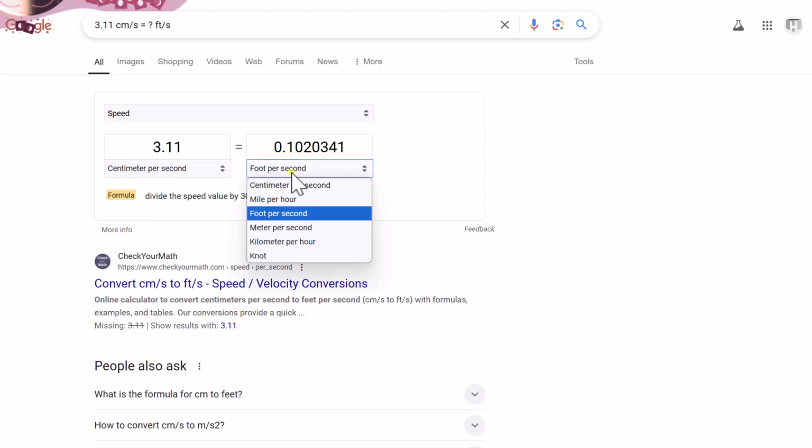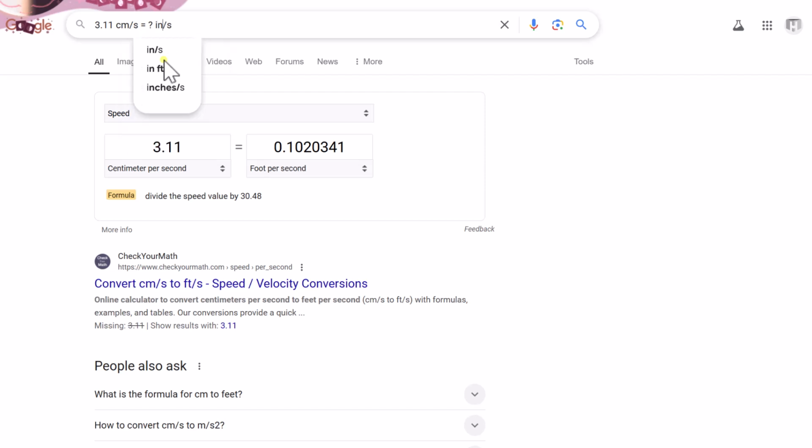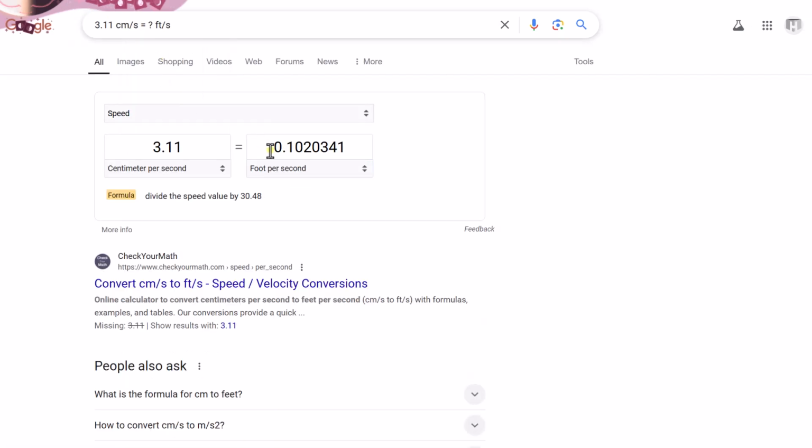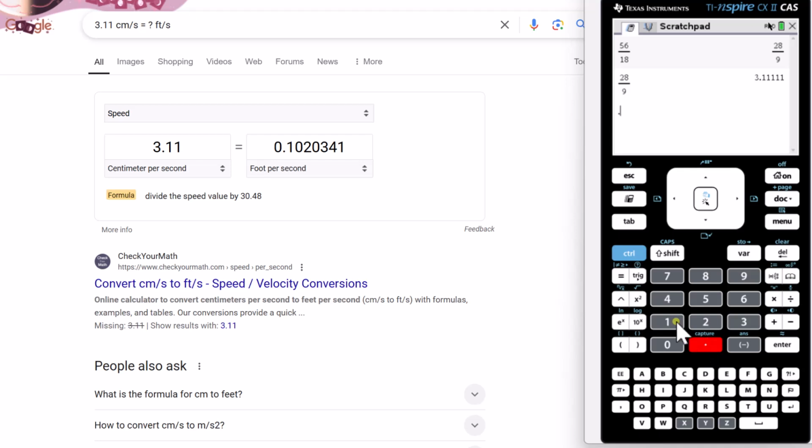Maybe inches per second would be better. If it's that many feet per second, and there's 12 inches in 1 foot, then you multiply that by 12. 0.102 times 12, so 1.2 inches per second.